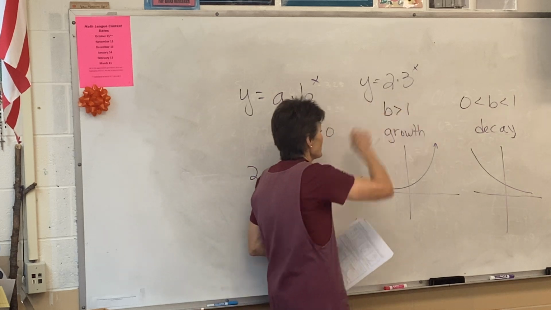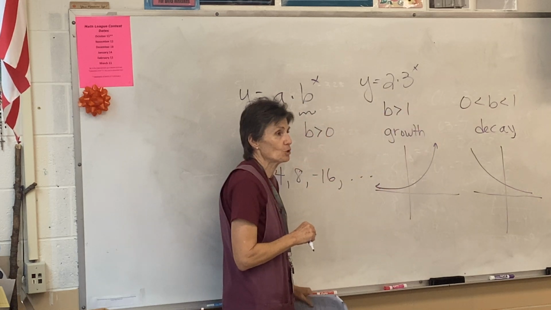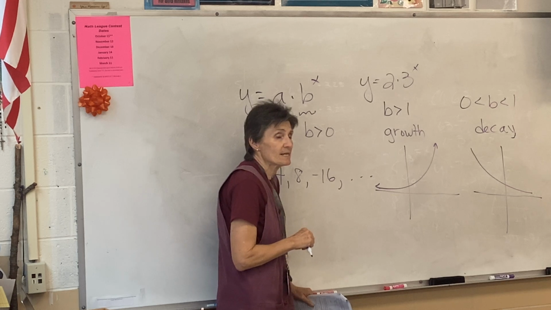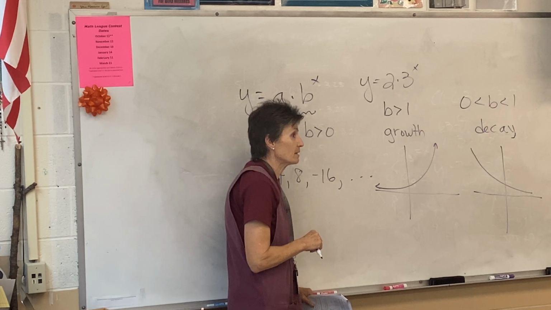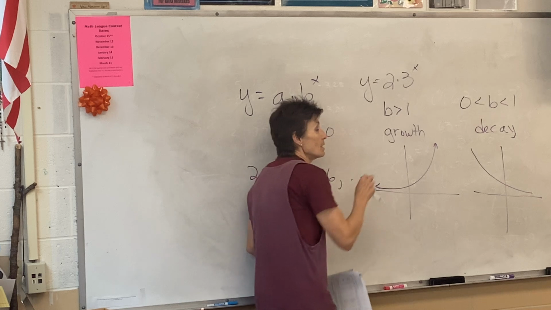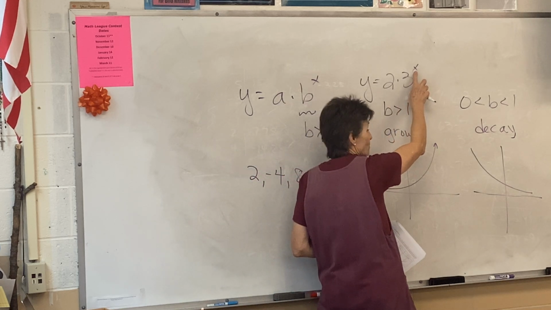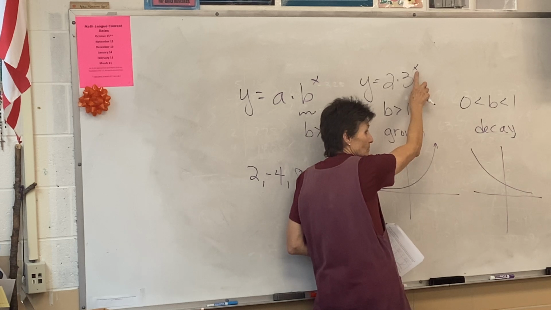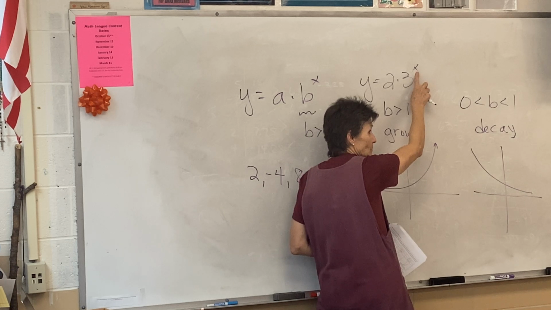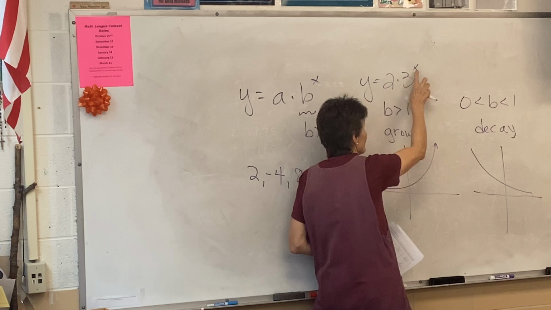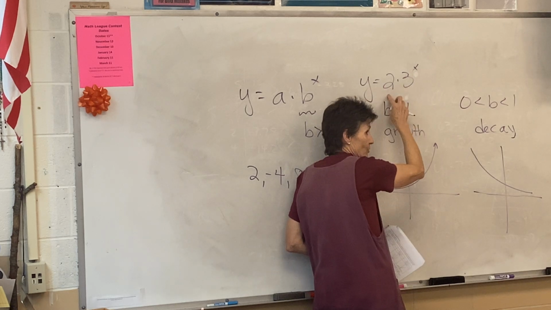A in the equation represents your initial amount. A is the initial amount. It's like the y-intercept. Think about this equation right here. If I let x be 0, what does this equal? 2 to the 0 is 1, times 2.